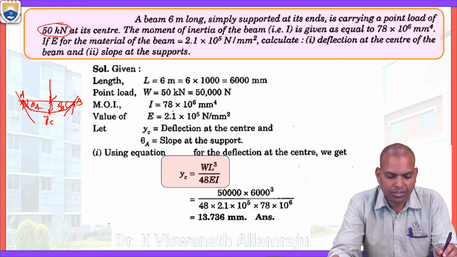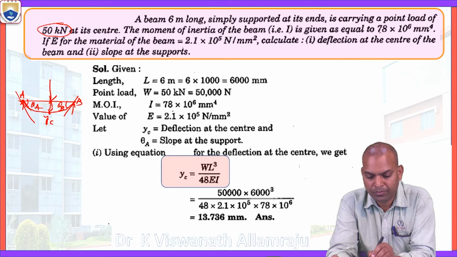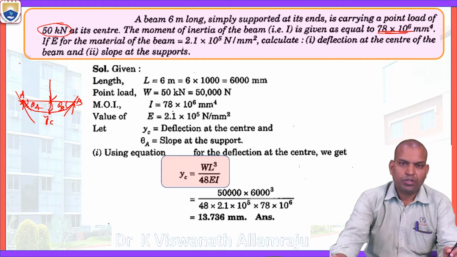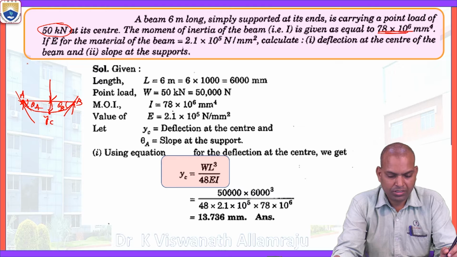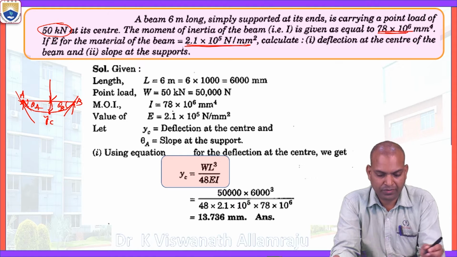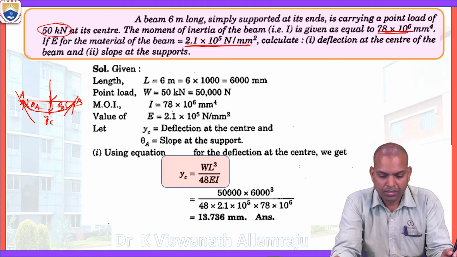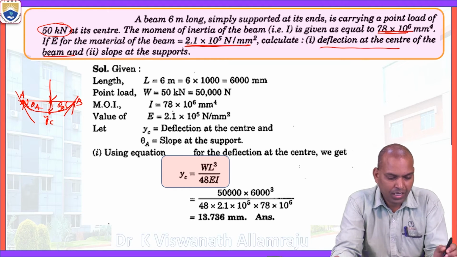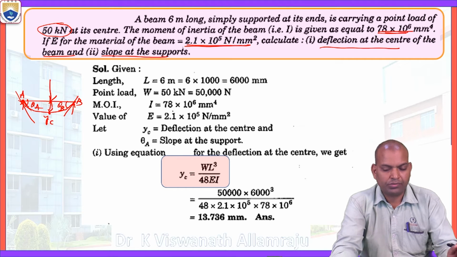The moment of inertia of the beam is 78 into 10 power 6 millimeter to the power 4. The modulus of elasticity of the material of the beam is 2.1 into 10 power 5 Newton per square millimeter. Calculate the deflection at the center of the beam and the slope at the supports.